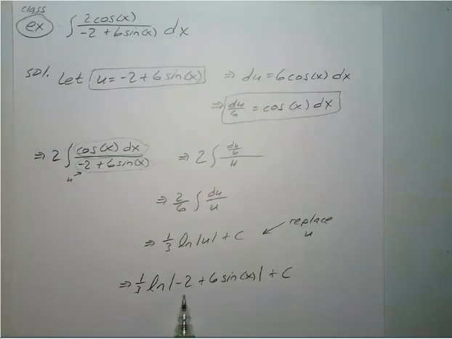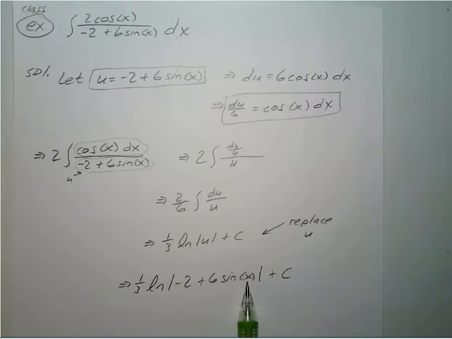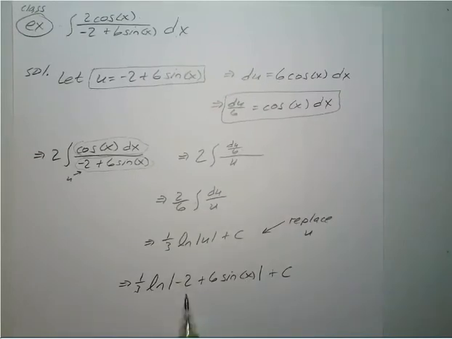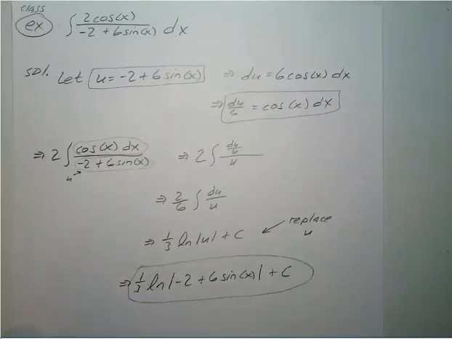With this one, we don't have the option of getting rid of the absolute value. If you plug in x equals 0, sine of 0 is 0, so you will end up with a negative 2. We can't have the natural log of a negative, so we have to leave the absolute value. We can't replace it with parentheses because it is possible for that value to be negative.